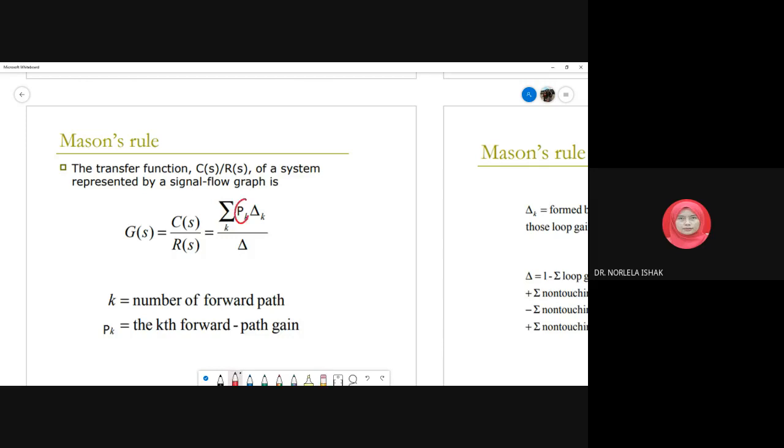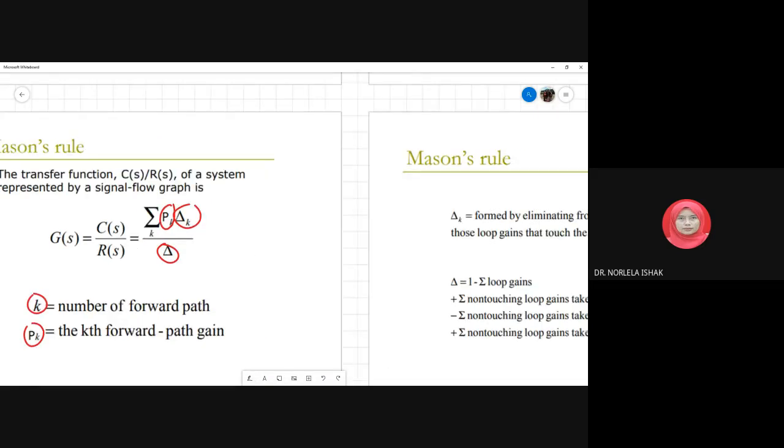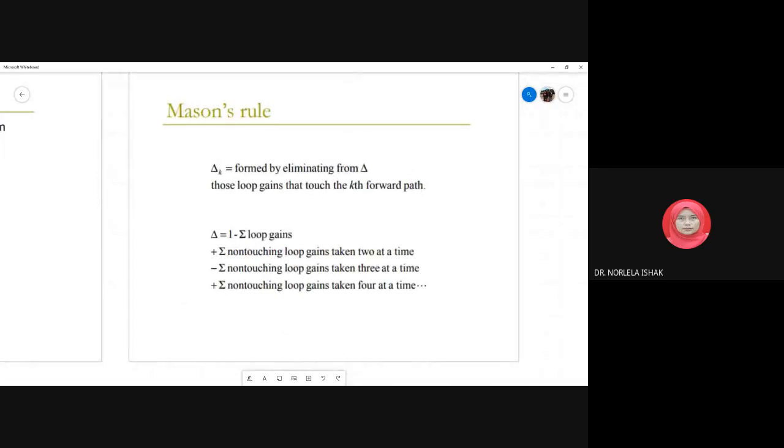Just now, P is a forward path. K is the number of forward paths, meaning we have one or two forward paths. And then this is the determinant, and this is the cofactor. Delta K is formed by eliminating from the determinant.